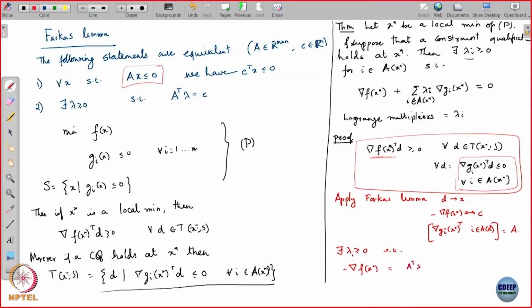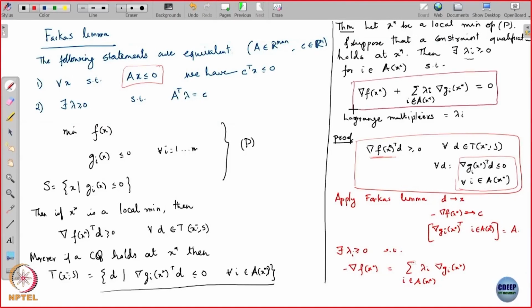And A transpose lambda is basically this summation of lambda I grad g I of x star, I in A of x star. If I take my grad f to the other side, I get the condition that I am looking for.